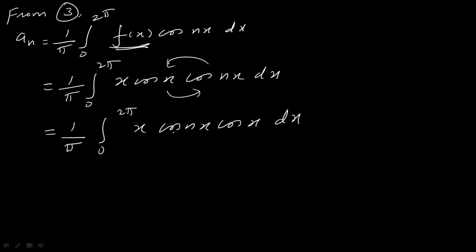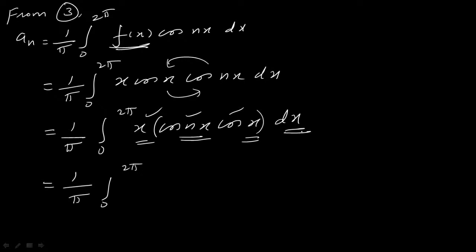In the next step, 1 by pi integral 0 to 2 pi. Here, look, this is the product of three functions, 1, 2, 3, and all of them are in terms of x, and the integral is also with respect to x. We don't have any formula to evaluate an integral involving three functions. So we have to convert this in terms of two.